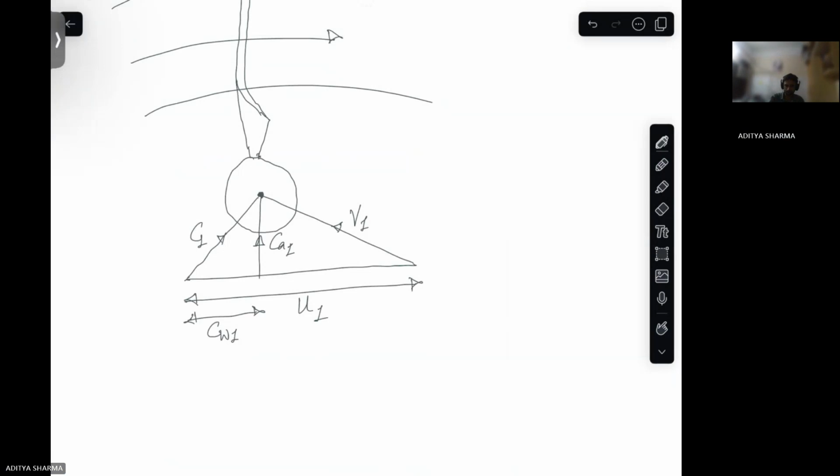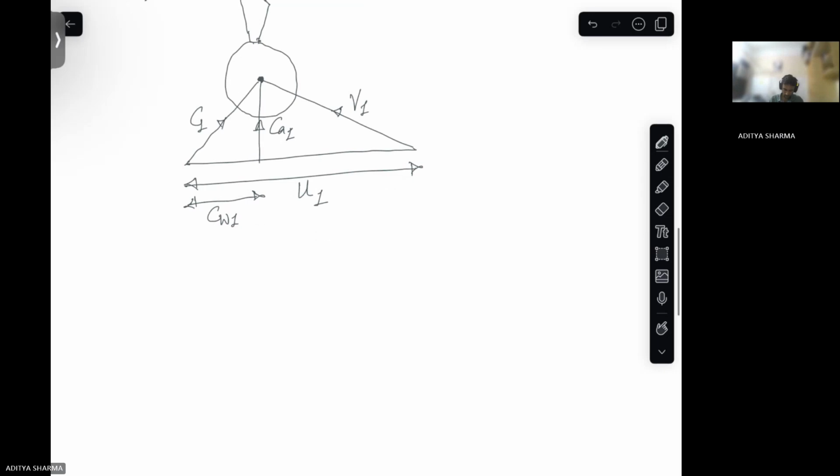Now if your whirl velocity or tangential velocity, Cw1, is equal to 0, then how will this diagram become?